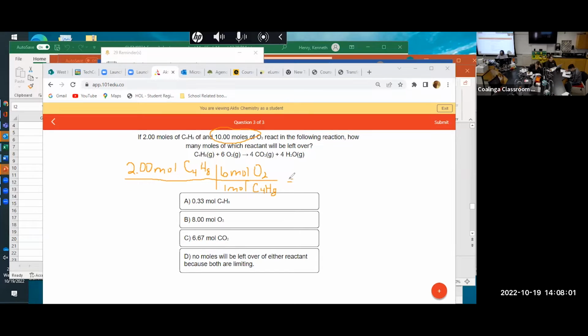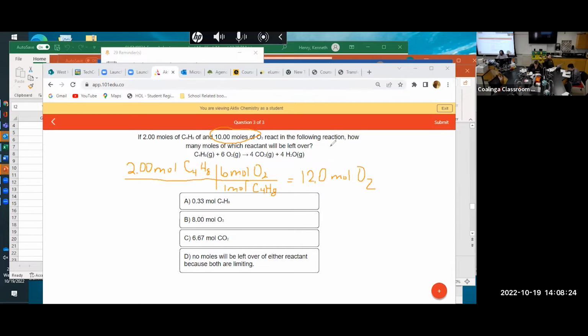So that's 12.0 moles of oxygen, 3 sig figs.